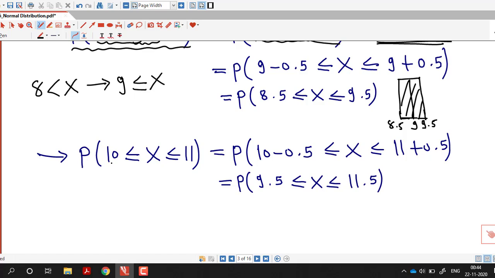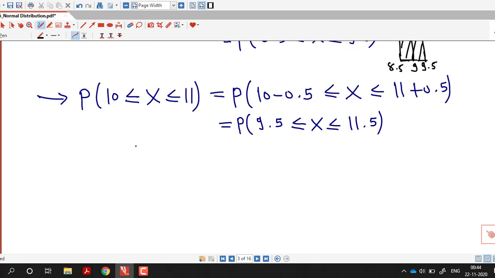Now we consider the probability that 10 is less than or equal to X less than or equal to 11. If we consider X greater than or equal to 10, suppose we consider the rectangle with X equal to 10. So X greater than or equal to 10 means we have to start from this side, 9.5.